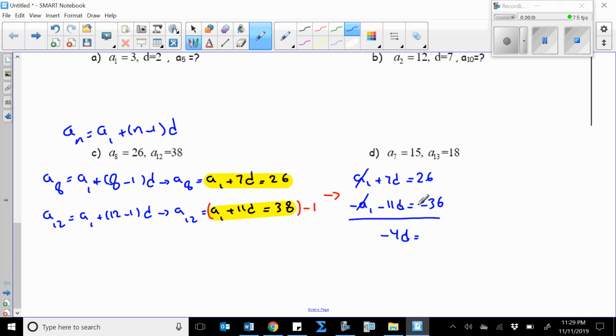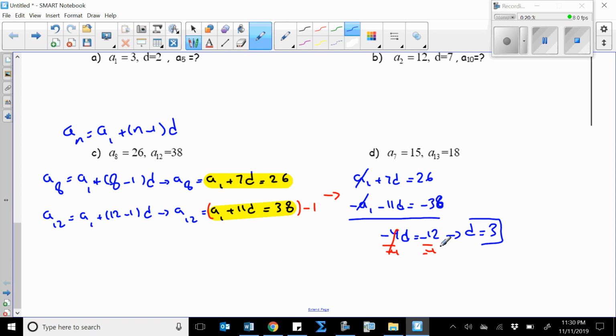I'm sorry, this is 38. 26 minus 38 will be negative 12. And from here, if you divide both sides by negative 4, d will be equal to 3. So from here, we found the value of d.